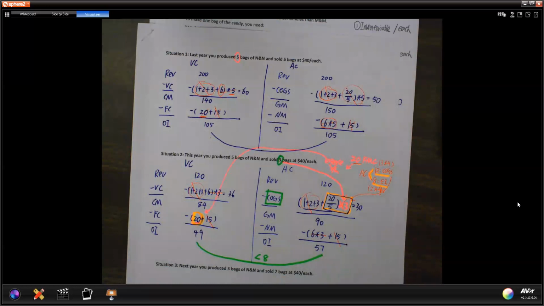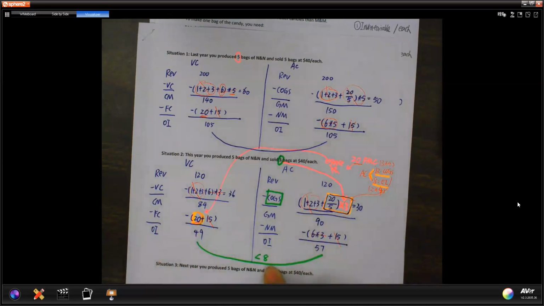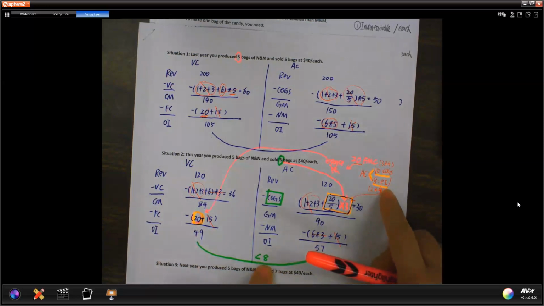Since you are not selling us, we will be your inventory. We are not going to operating income. We are not going to the income statement. You cannot expense us because you haven't sold us. We are still sitting in your balance sheet as your ending inventory, as your assets. So that is why your difference is $8 here because of the $8 deferred.